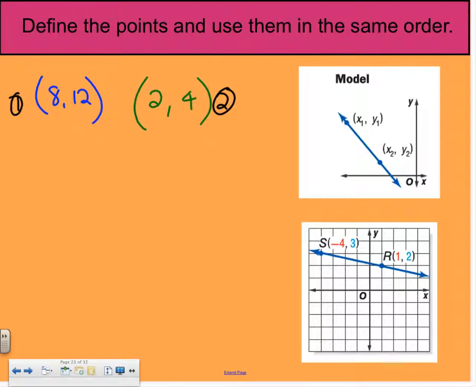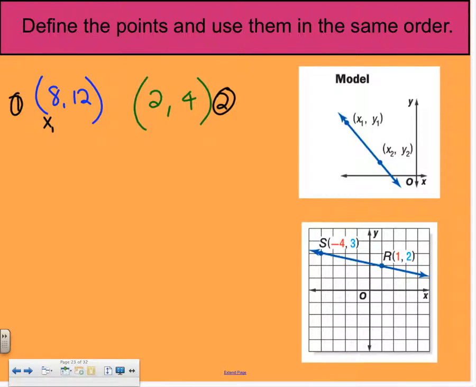Now, I need to define the x value in point 1. What is the x value in point 1? 8 or 12? Which one is x? Which one is y? 8 is x, right? So I'm going to call this x, and because it's in point 1, I'm going to call it x1. Are we okay with that?